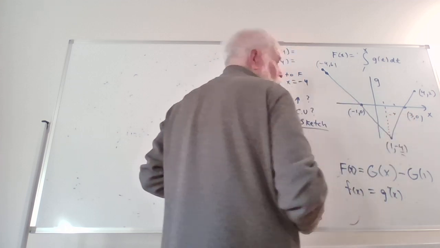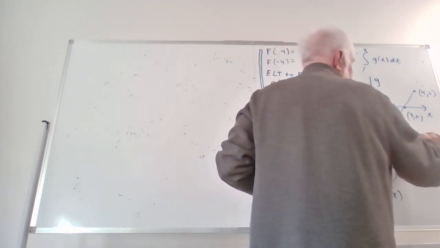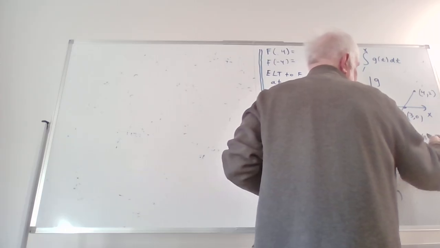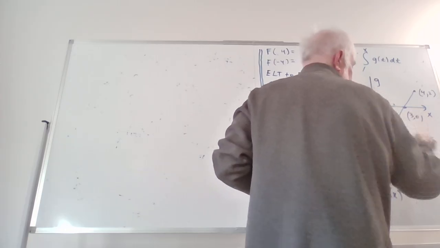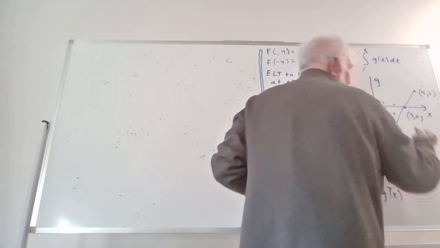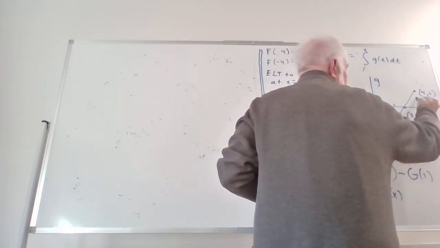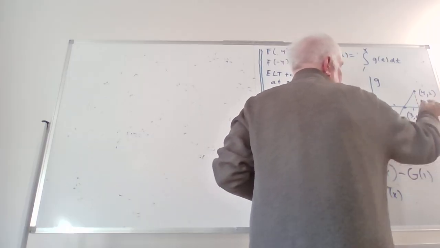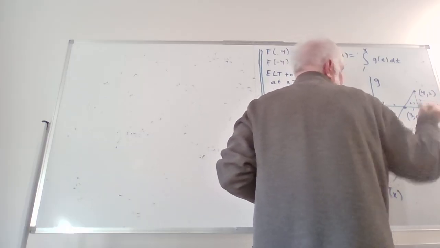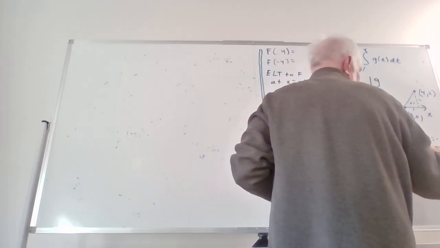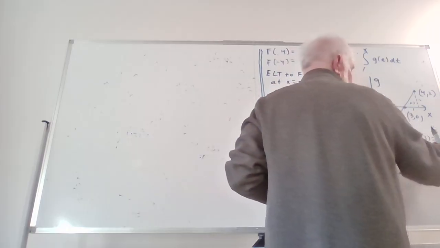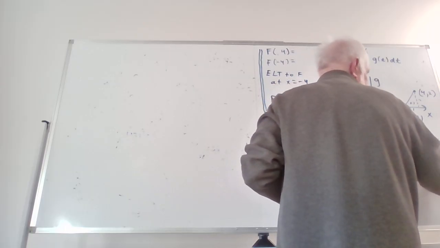So I now know that big F of 3 is equal to -4. But I got to go all the way over here to 4. That's a width of 1, a height of 2, so I'm adding 1 unit there. So big F of 4 is adding 1 unit to that, so I think that's -3.